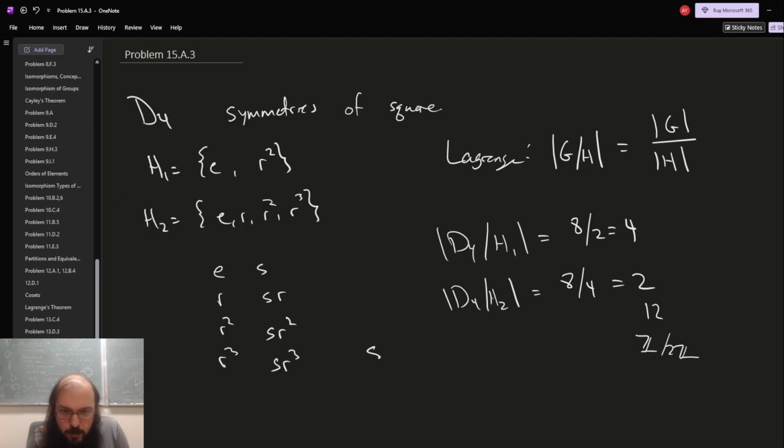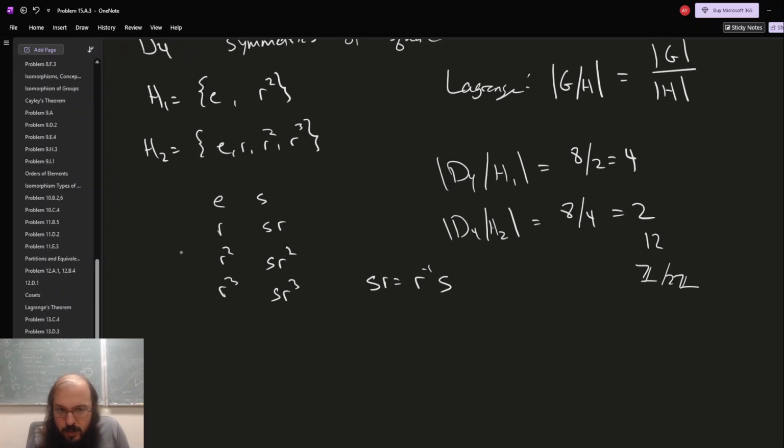And we have the rule SR equals R inverse S. So if I want to mod out on the left by H2, then any representative of an element looks something like S^i R^j in the list of elements, which is equal to R^(-j) S^i using the rule.